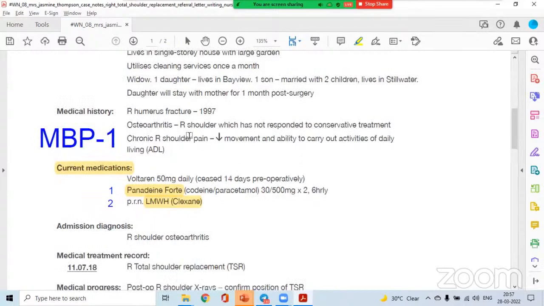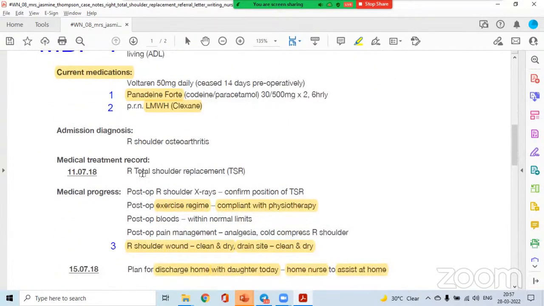Right shoulder replacement on 11 July 2018. So you can write in two ways.